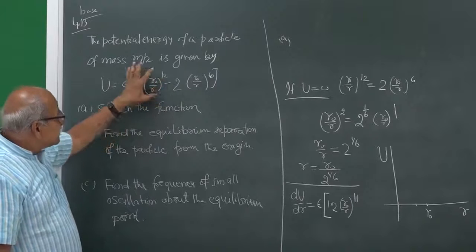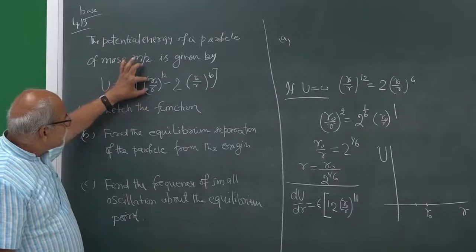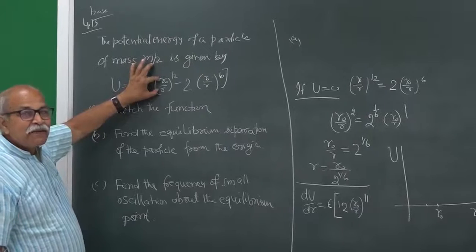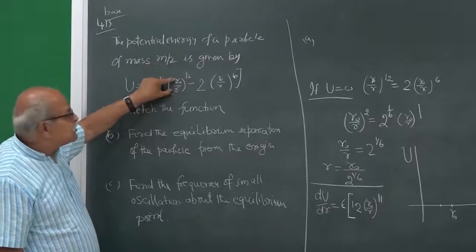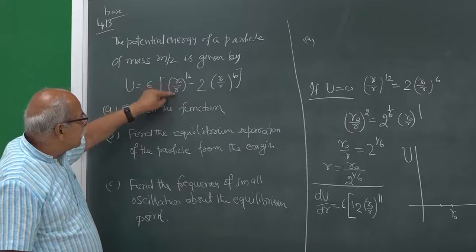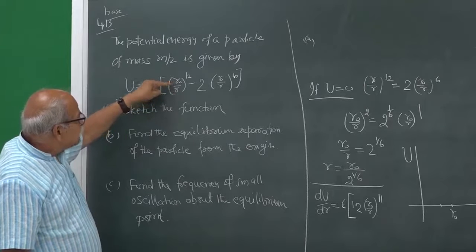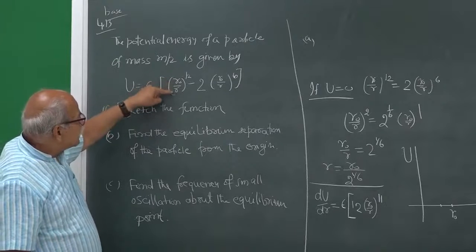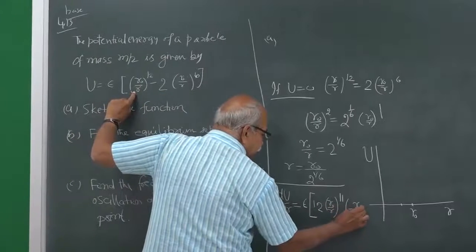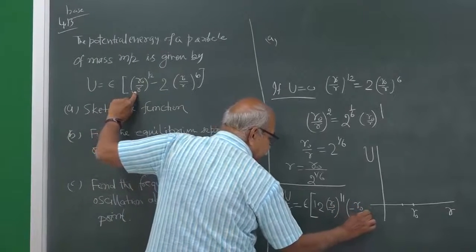That means I have differentiated this term with respect to r naught by r, and so I have to multiply by the derivative of r naught by r with respect to r, which is minus r naught by r square.